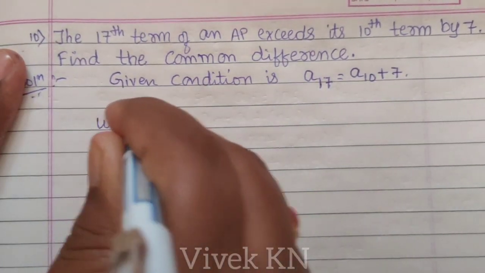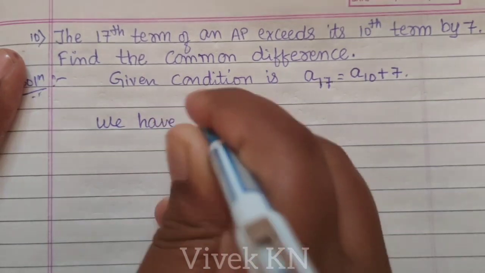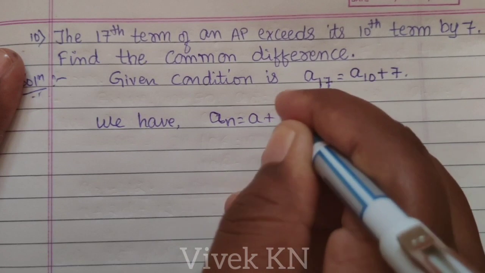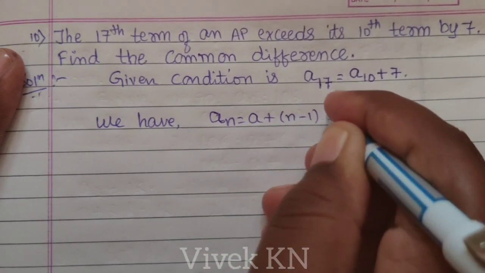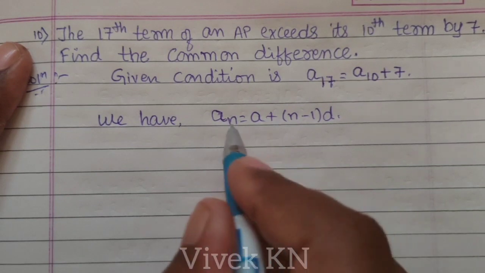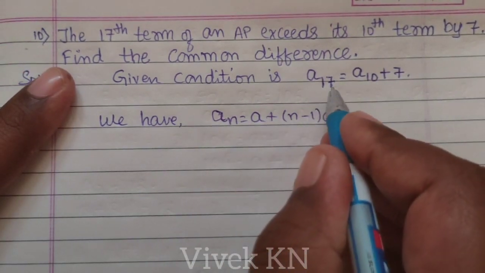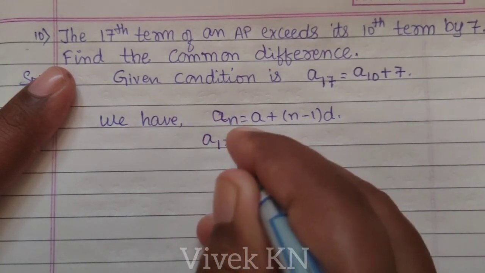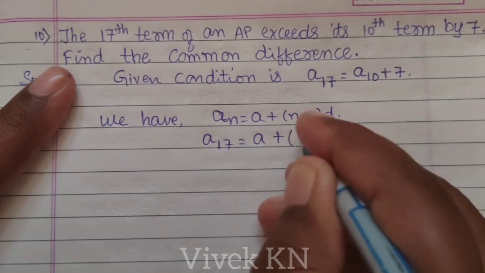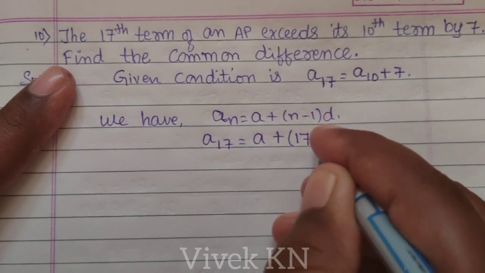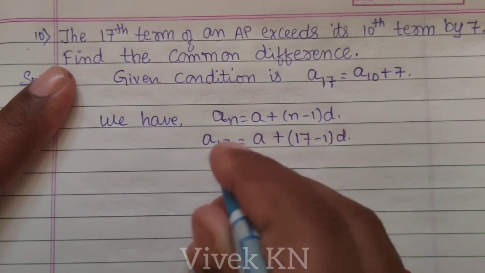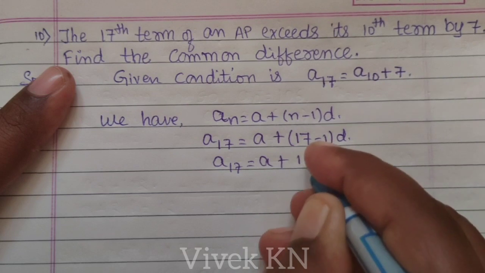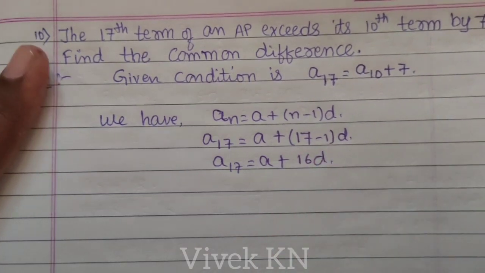We have an is equal to a plus n minus 1 into d. Substituting the value of n is equal to 17 in this formula, we get A17 is equal to a plus, n value is 17, minus 1 into d, that is A17 is equal to a plus 16d.